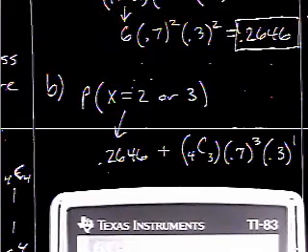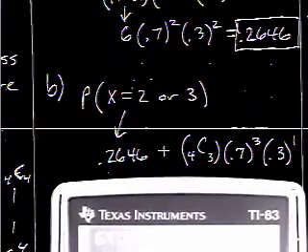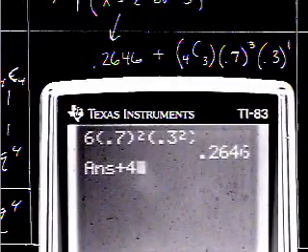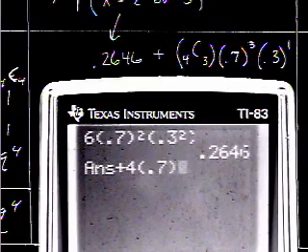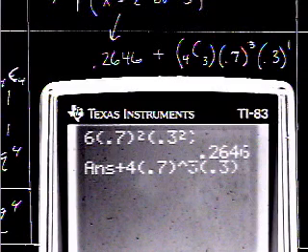So we need to figure out that second part. 4 choose 3 would be 4. You can look back at your chart from the other one to see that. So I'll delete that and just put 4, times 0.7 to the third times 0.3 to the first.